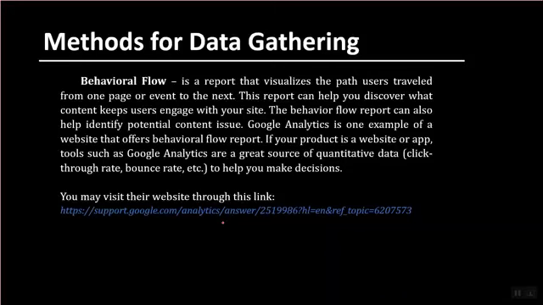We also have the counting of the number of clicks, wherein we have the click-through rate. We check how many times the website, page, or content of a website is being clicked, how many visits. So that's how behavioral flow works.